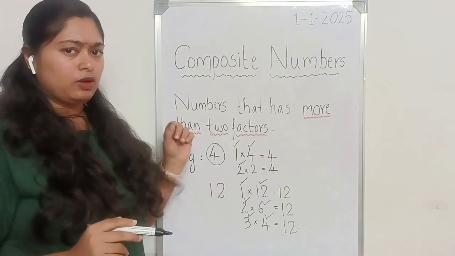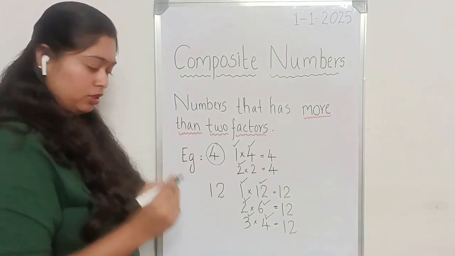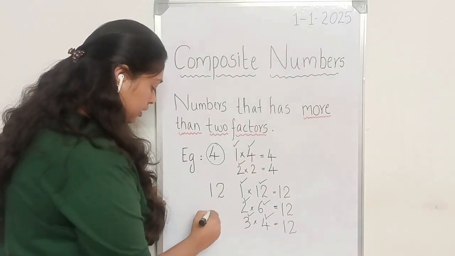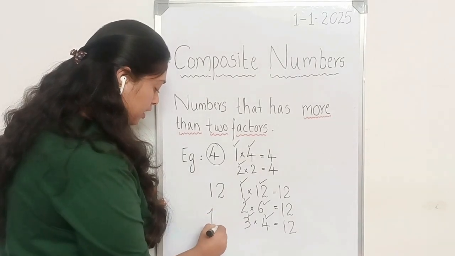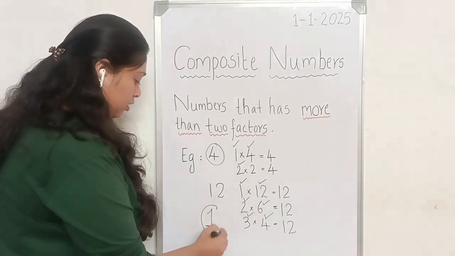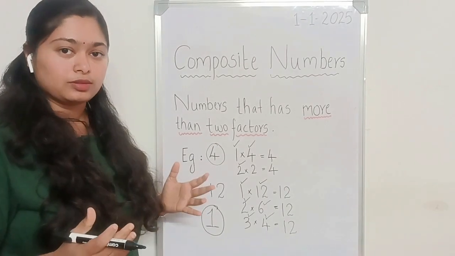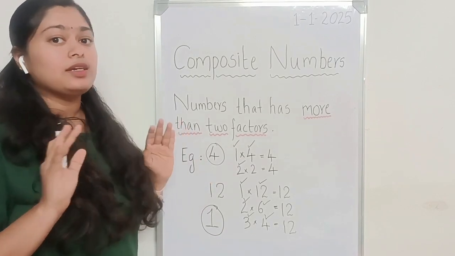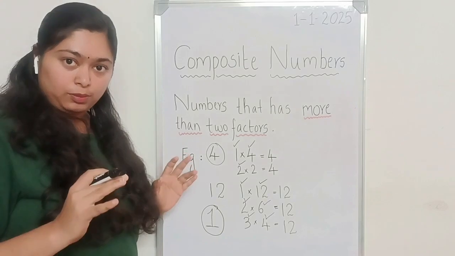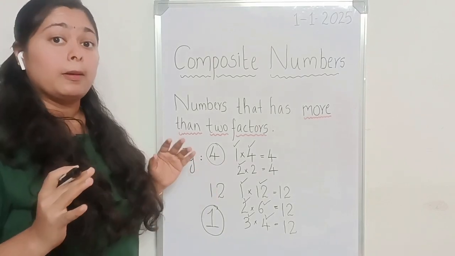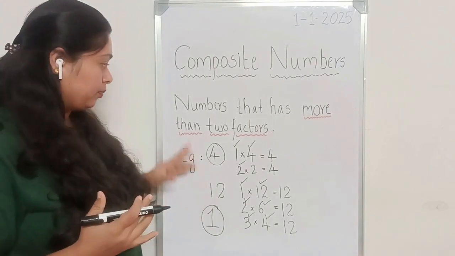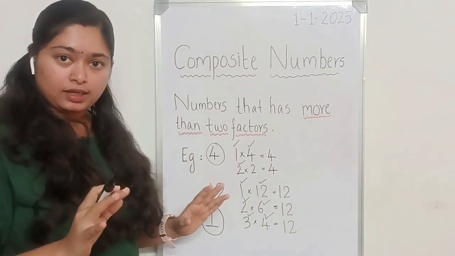Okay, now let's look into one small special number, which is none other than the big 1. Now, what is this one? Is he a prime or is he a composite? Actually, he is not both. He is not a prime, he is not a composite number. Because if you check the definition, a prime number should have exactly 2 factors.